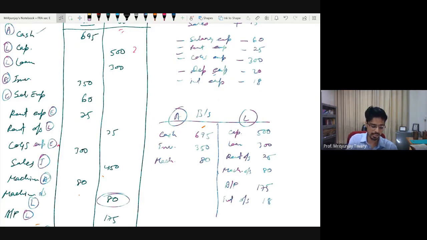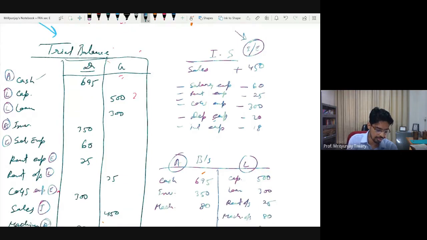Once the journal entries are done, pass everything to ledgers. In ledgers, pass everything to different T accounts. Once the T account totals are there, transfer those totals to trial balance. Once trial balance is done, identify every item as income, expense, asset or liability and transfer it.